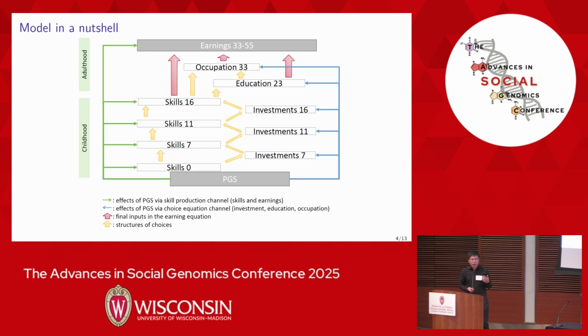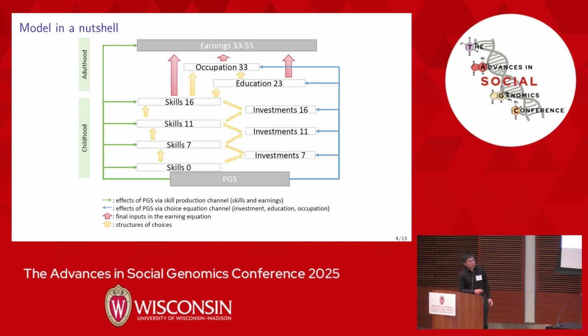Right, so we try to model this as a sequential structural model. I don't list the very tedious equations here, but just use a graphical representation of how we think about this process. Supposedly we have someone who was born with specific genetic endowments. The two types of channels are shown using different colors of arrows.